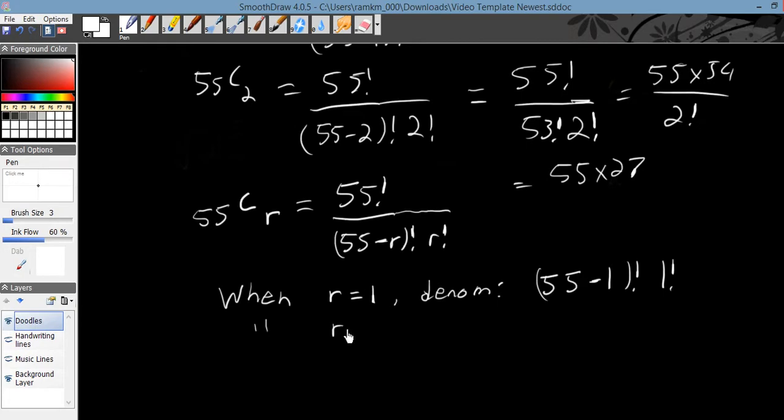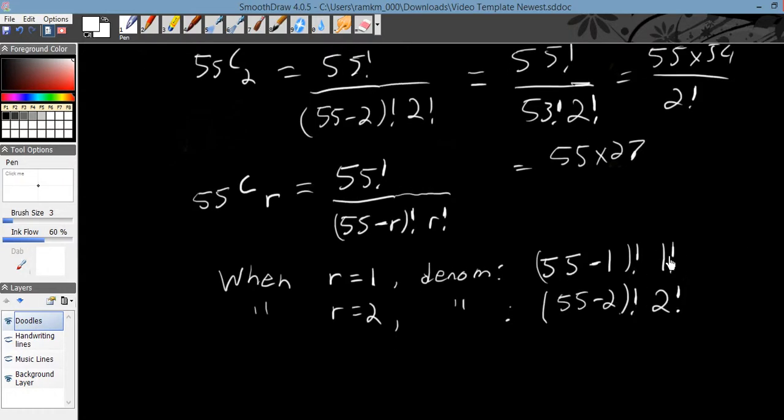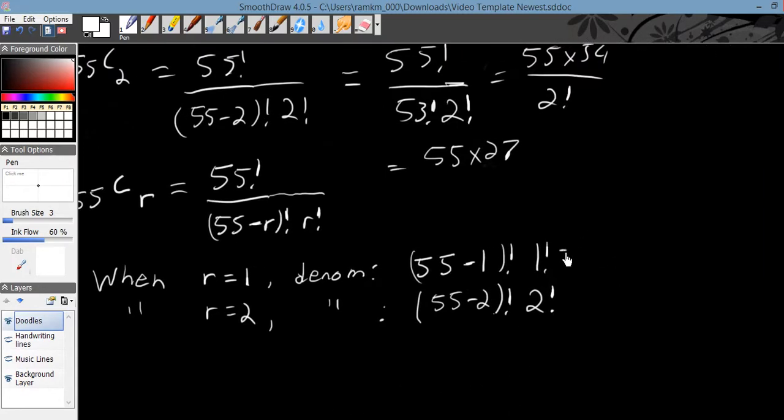What about when r equals 2? The denominator is going to be 55 minus 2 factorial times 2 factorial. Well, what are these numbers here? This is going to be 54 factorial times 1 factorial, and this is 53 factorial times 2 factorial.